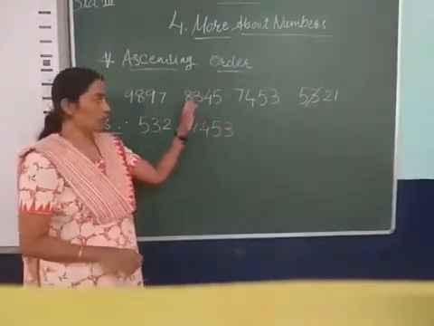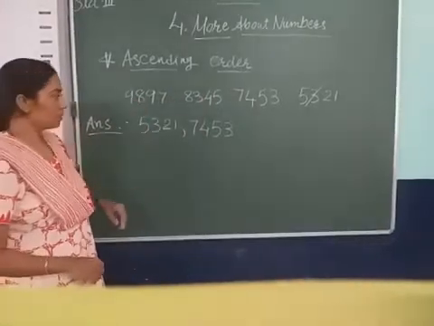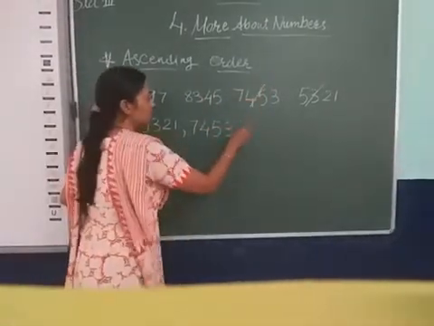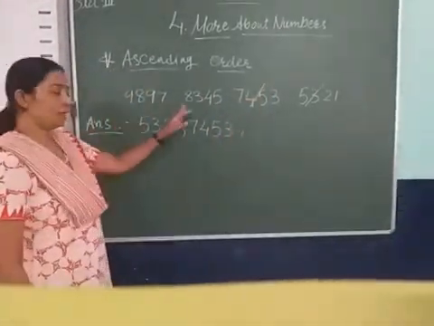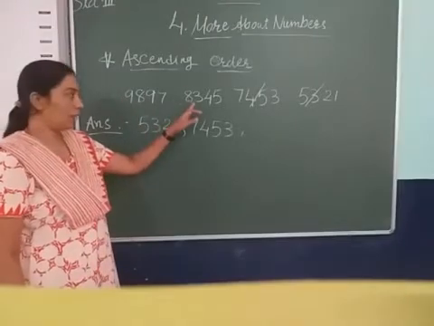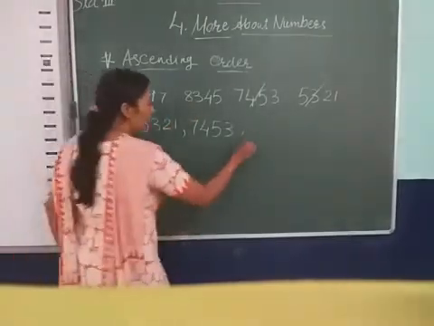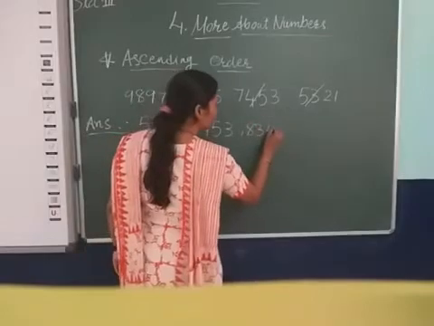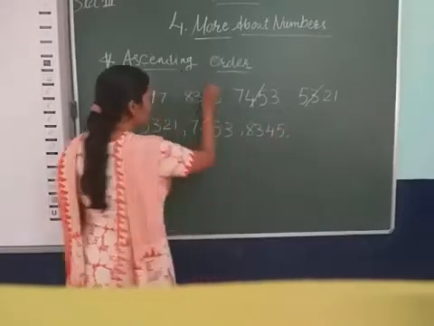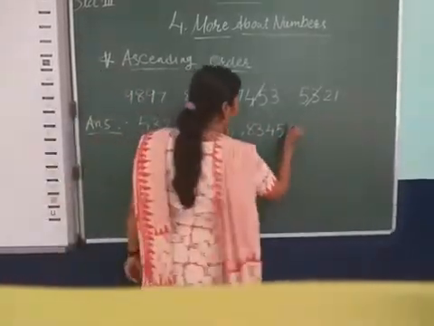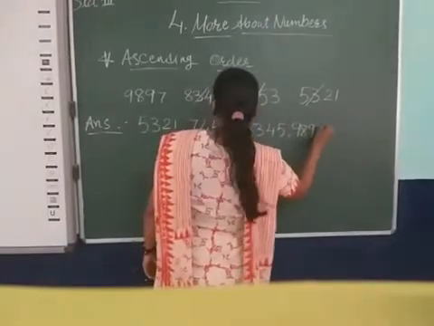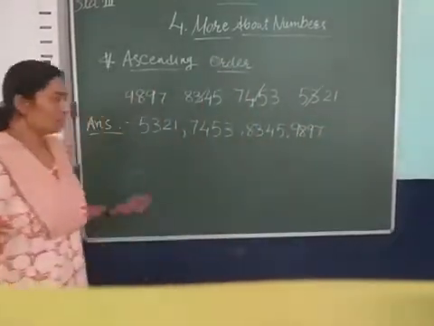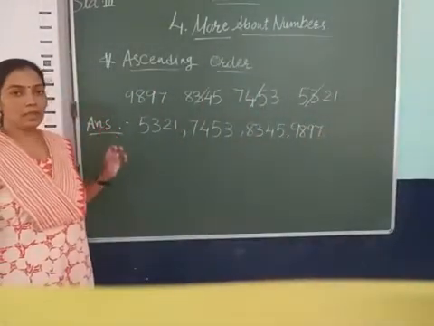The next one is in 9 and 8. Who is the smaller? 8. Yes, 8, 3, 4, 5. And the last one is 9, 8, 9, 7. We arrange these numbers in ascending order.